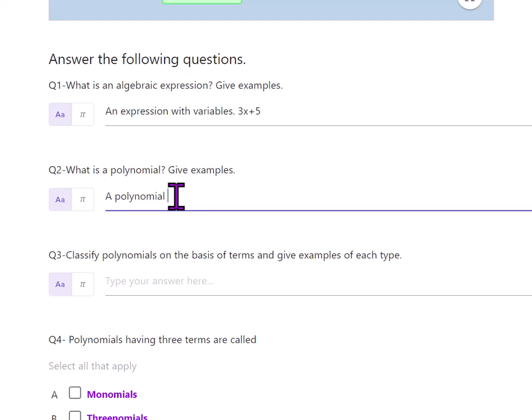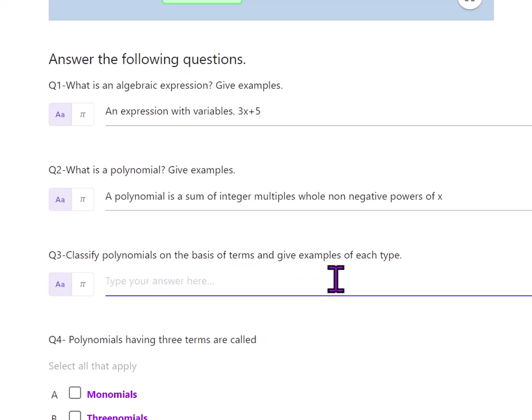A polynomial is a sum of integer multiples of whole number, but it must be positive, non-negative, whole non-negative powers of x. That's very sophisticated there.